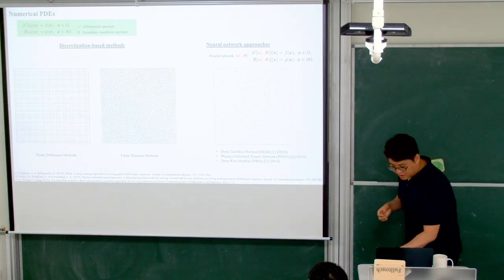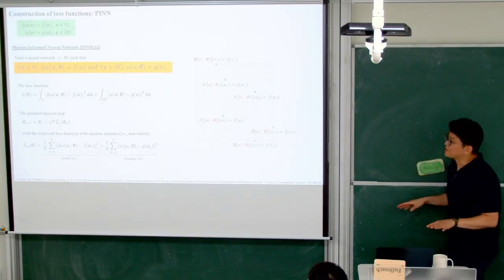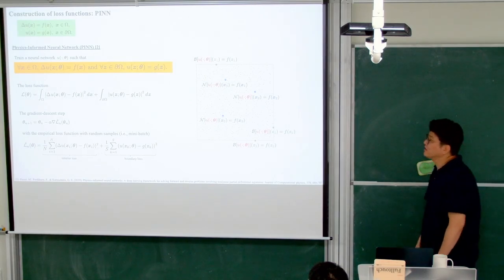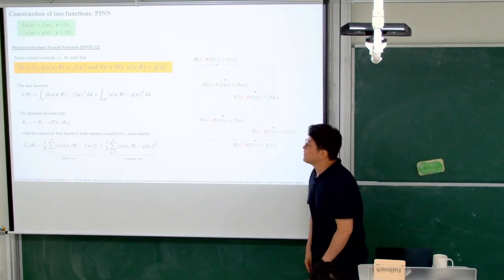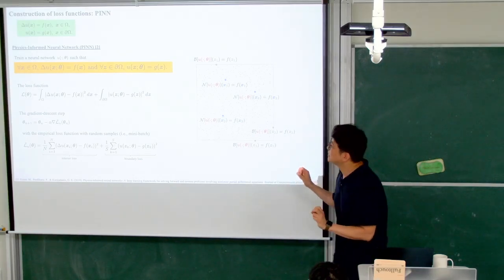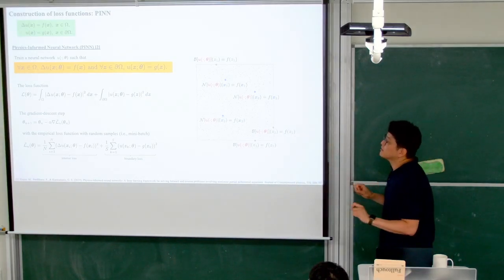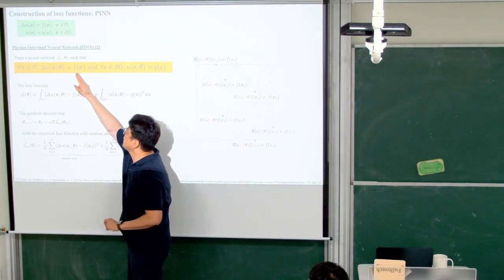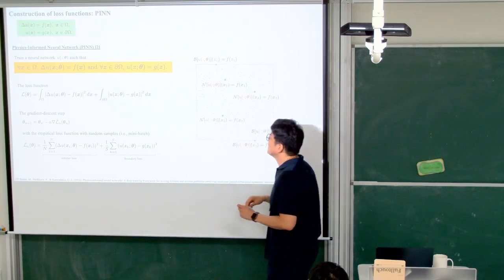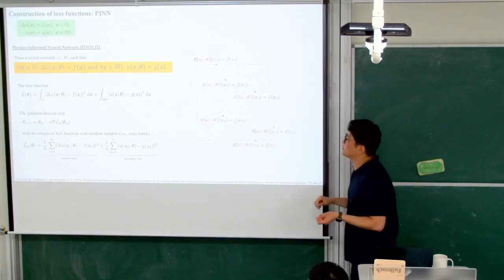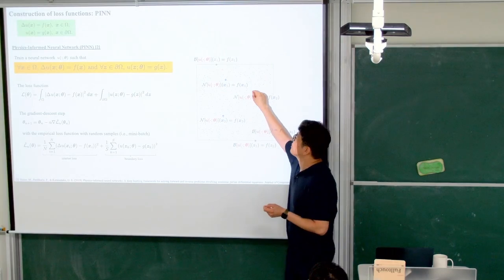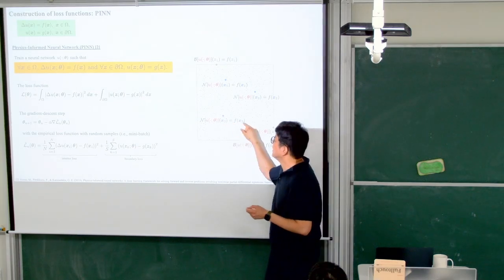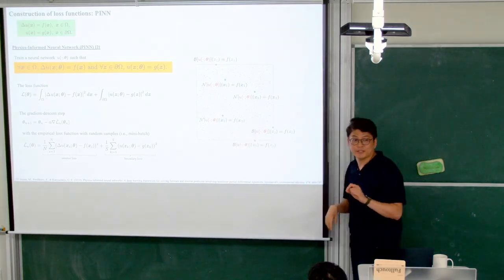I guess many people know about the physics-informed neural network. The basic PINN is very straightforward. First bring in the neural network and find a parameter such that whenever you choose a point in the interior or boundary, it satisfies the PDE in the pointwise sense.